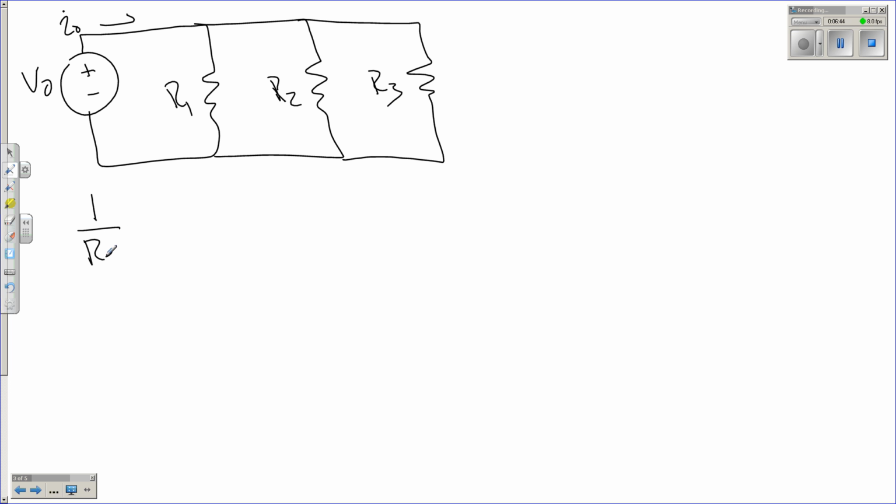1 over REQ is equal to 1 over, let's say, R1 is 10, R2 is 20, and R3 is 30. So 1 over 10 plus 1 over 20 plus 1 over 30.